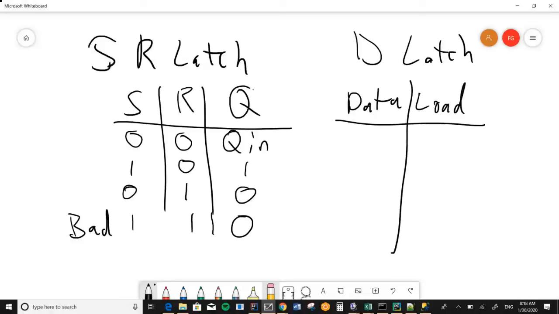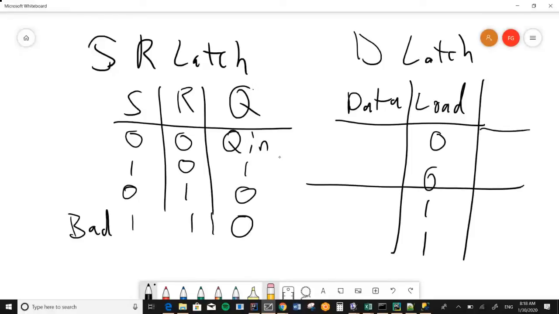If the load is a 0, we just go with whatever we remember. But if the load is a 1, then the output becomes whatever that data input was.